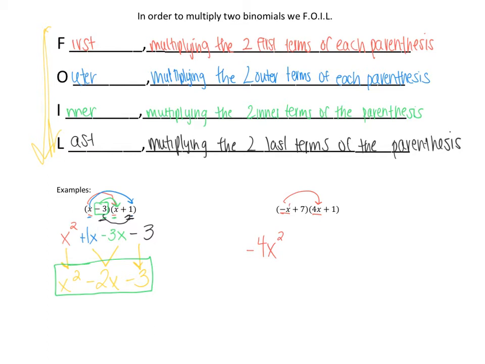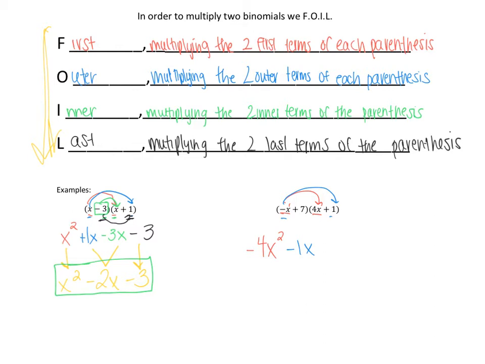We have to pretend that there's a little 1 here so we can add our exponents. Okay? All right, now we're going to jump to our outer terms. So I'm going to take the outermost term of each parenthesis. So in this case, it's -x and +1. Okay? I'm going to draw my arrow. -x times +1 is a -1x.